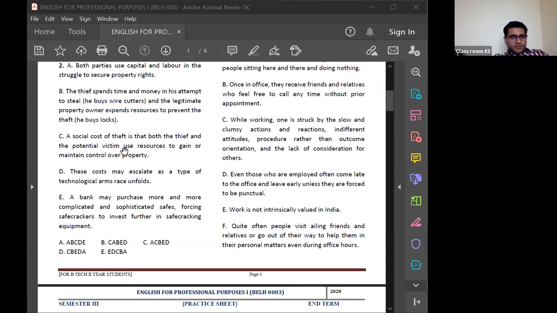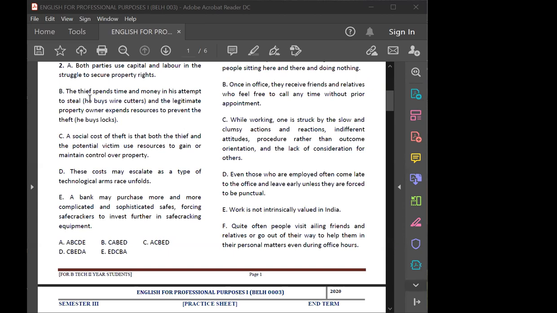So we have two components here, two subjects basically, which we are discussing in this paragraph. That is how you started as well, and then you said that you will talk about the thief first, as the sentence written in C also says about the thief first.